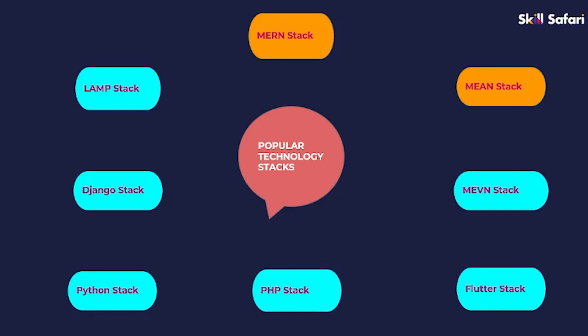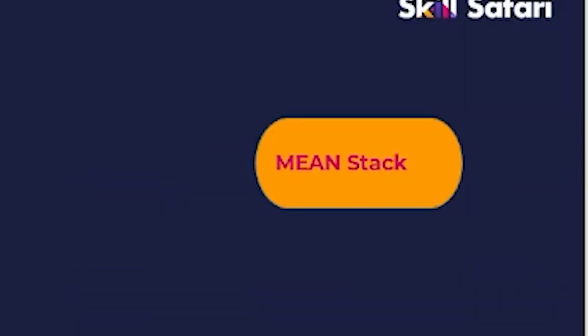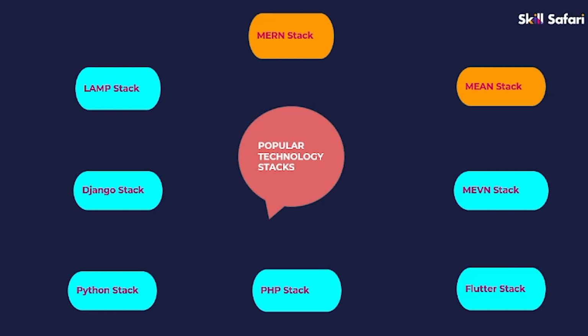So the popular technologies are MERN stack, MEAN stack, Flutter stack. You can see on the screen, right? MERN, MEAN, Maven, Flutter stack, PHP stack, Python stack, Django stack and LAMP stack. The stacks colored in yellow are the most common. One is MERN stack, one is MEAN stack.